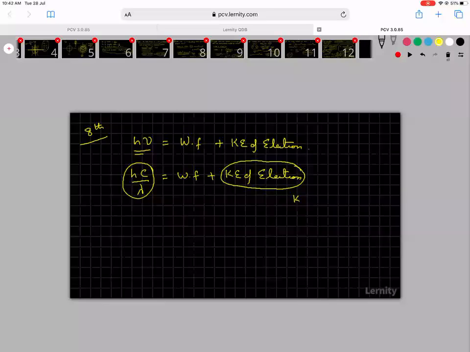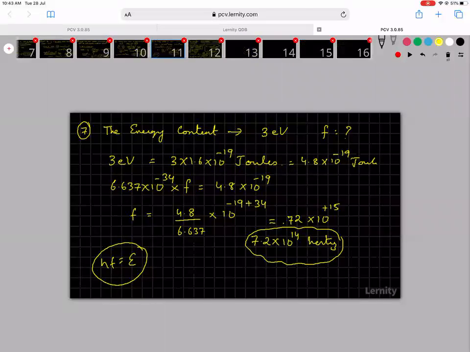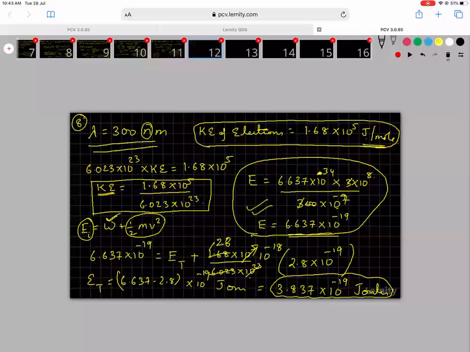So KE of 1 electron is equal to KE of 1 mole divided by 6.023 into 10 power 23. So KE of electron is given, hc by lambda is given. They are asking you to find out work function. So you have to simply substitute and do. That is what I did. So this is the energy for 1 electron.